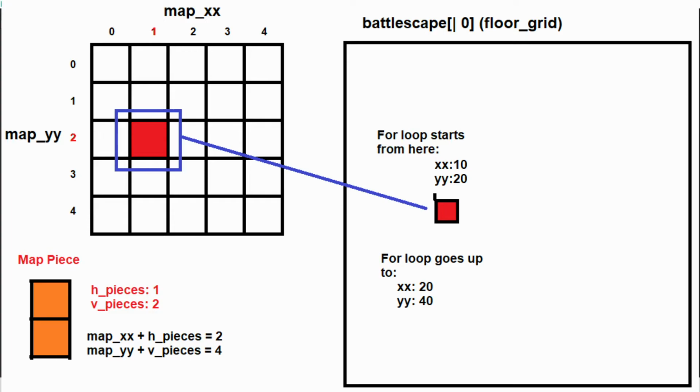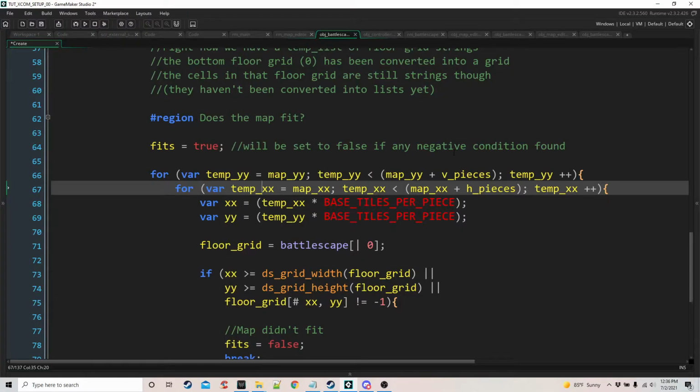So say for example we are up to cell number 10 on the x-axis, and the map we're checking is 20 tiles wide. We're going to be checking from 10 to 30 basically. But again, we don't need to check every single cell, because every 10th cell, if it's not -1, that means there's a whole map in there.